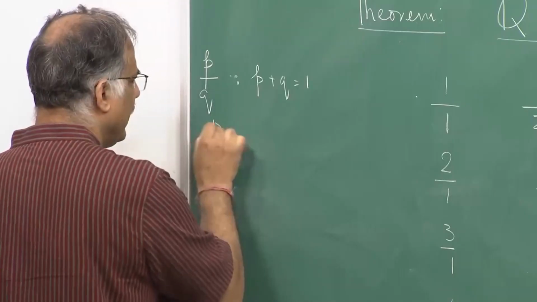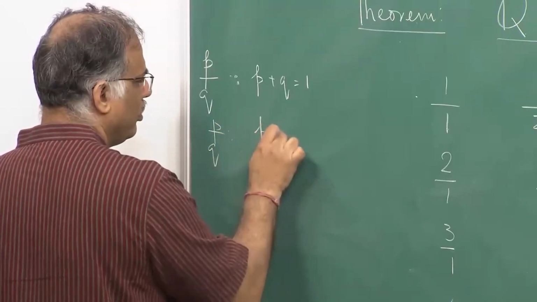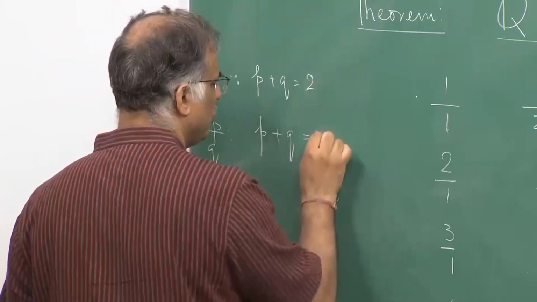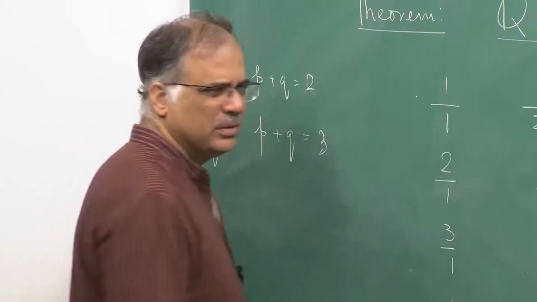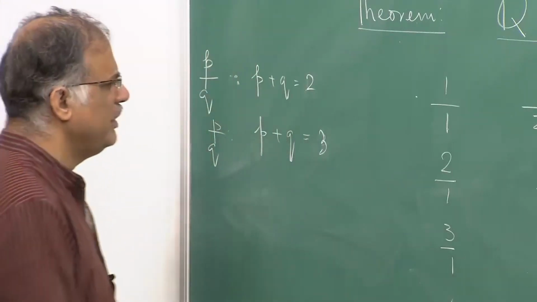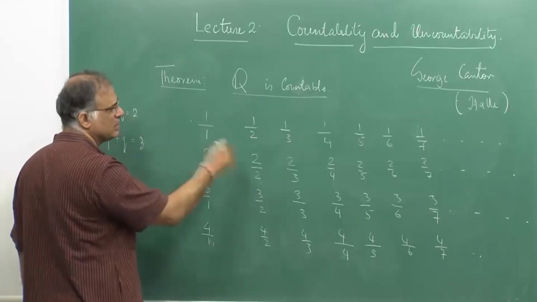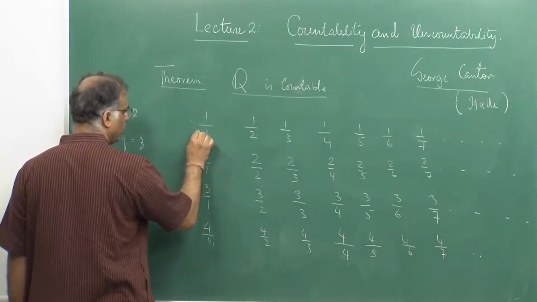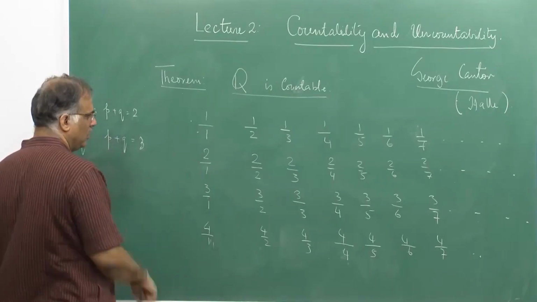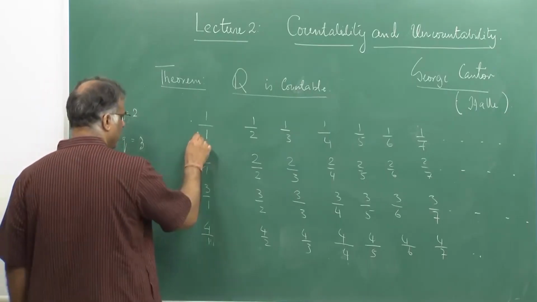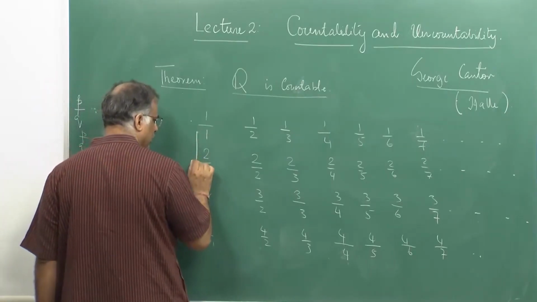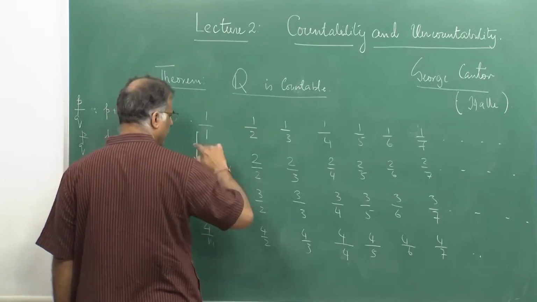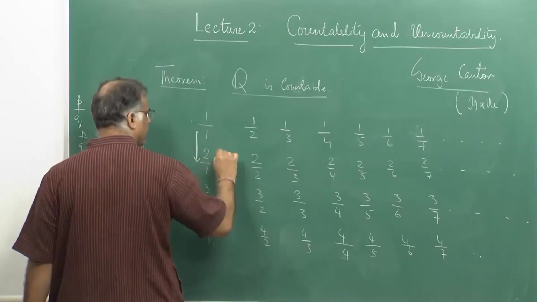Now look for the cases where P plus Q is equal to 3. Obviously we have taken 0 out. 0 is just like the Hilbert Hotel, we can just put in 0, no problem. We start with 1 and the next stoppage is 2 by 1. So I come and take this as the next element, and then 1 by 2 also makes 3. So I go here.